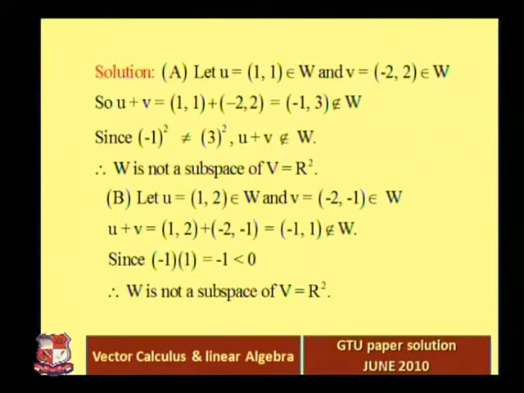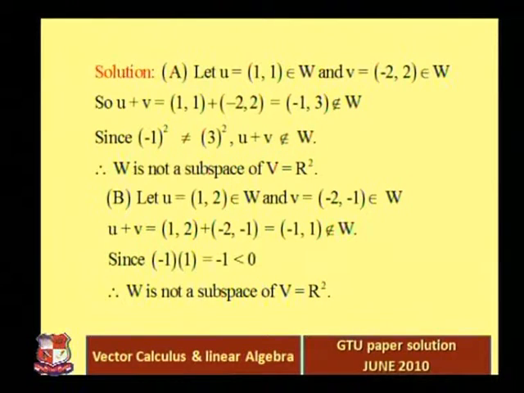So U plus V does not belong to W. So we prove that W is not a subspace of V, because to be a subspace, for any U, V belonging to W, U plus V must belong to W. But here we gave an example where U and V belong to W, but U plus V does not belong to W.